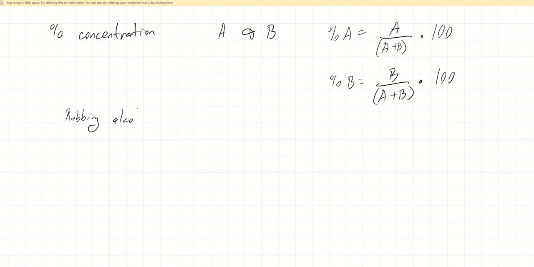So for example, let's say that I have rubbing alcohol. And let's say that 62 milliliters are rubbing alcohol and 26 milliliters are water.